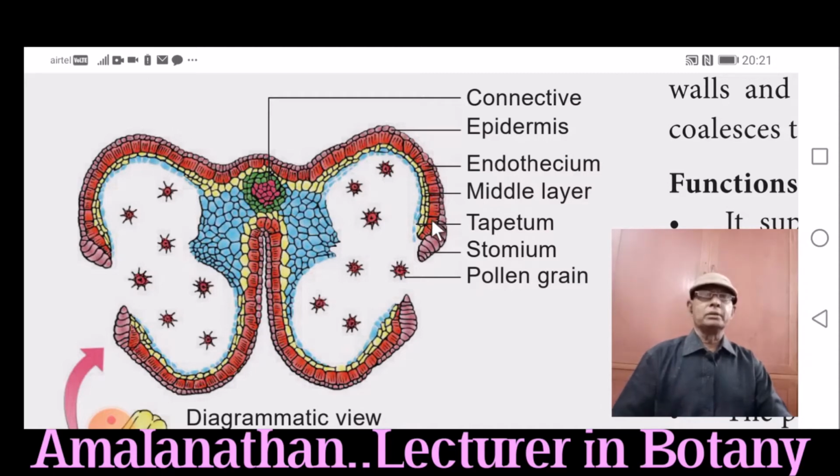Endothecium is often absent in the anthers of aquatic plants, saprophytes, cleistogamous flowers, and extreme parasites. Cleistogamous flowers are non-opening, self-pollinating flowers produced in pea plants, in peanuts.